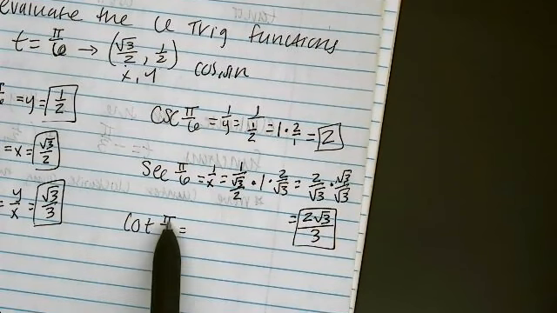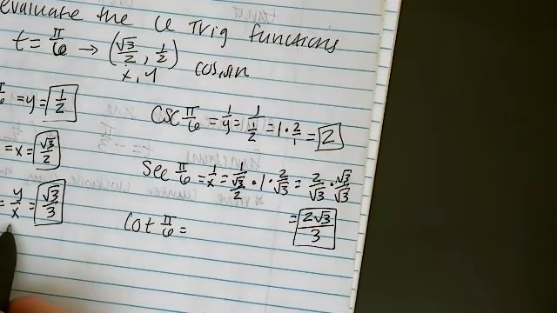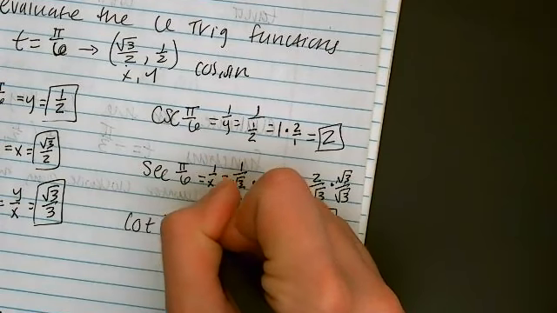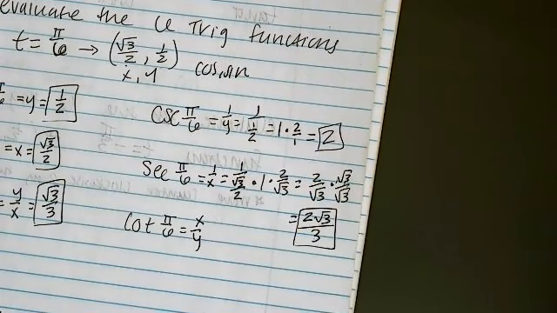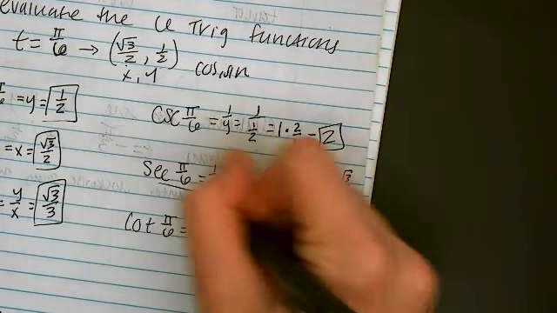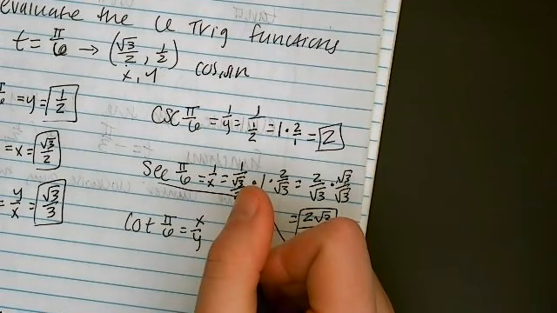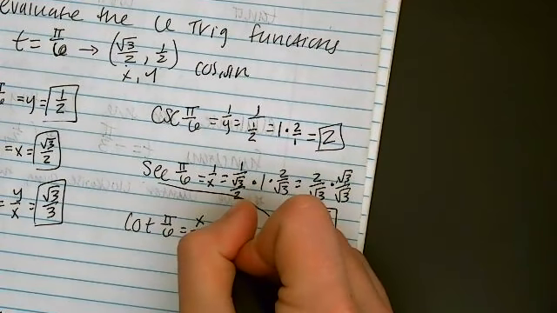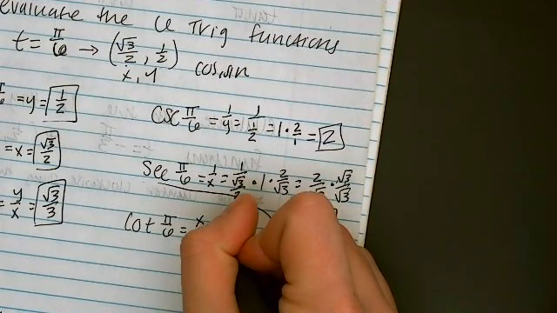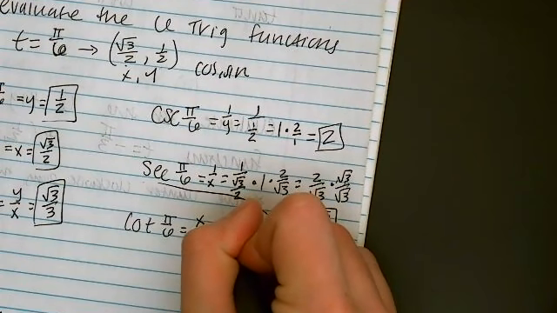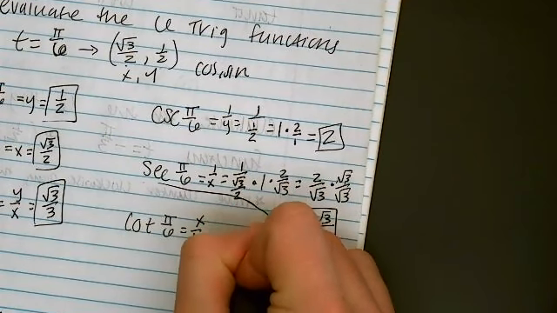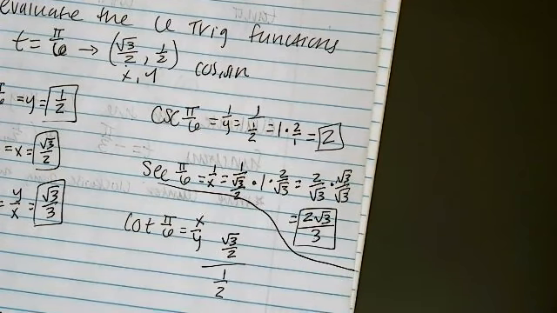So now for cotangent of pi/6. Again, this is the reciprocal of our tangent. So it will be x/y this time. I'm going to try to draw that line so you know that was that work. So our x value is √3/2, all divided by 1/2.